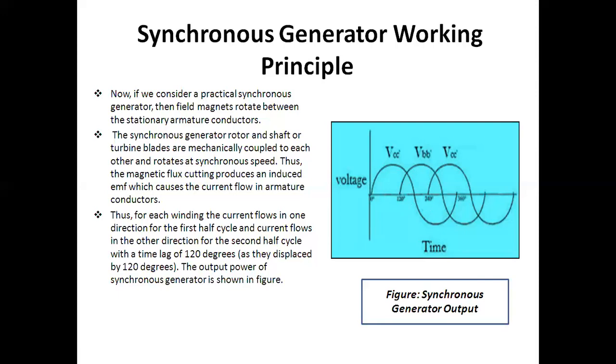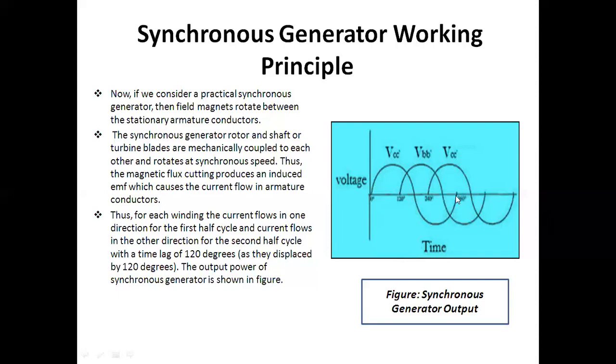So they have a 120 degree time lag as they are displaced by 120 degrees. For the first half of the cycle, the current flows in one direction, and for the second half of the cycle, the current flows in the opposite direction.